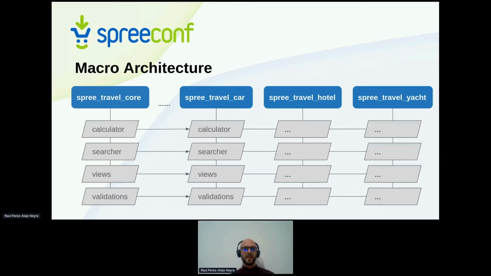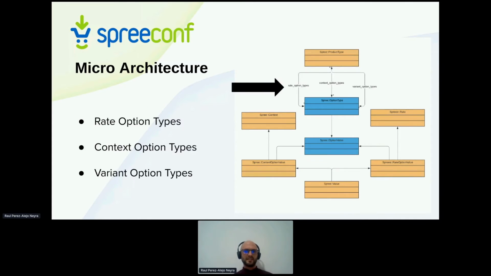For example, the way each product type will calculate their pricing, the way each product type will be searched, the way each product type will be shown in the index view, in the product details, or even in the cart. Each one of these gems will be responsible for defining their own validations in the models they extend or override.